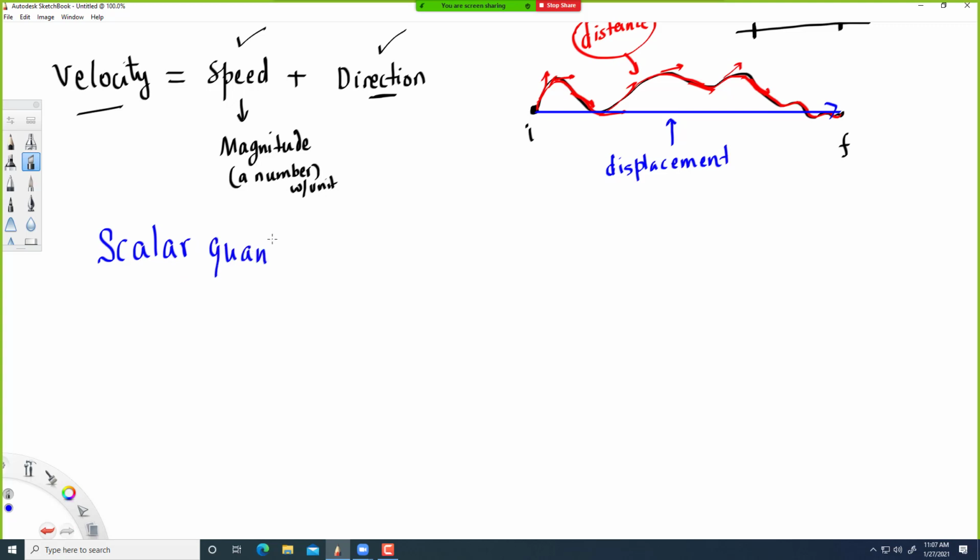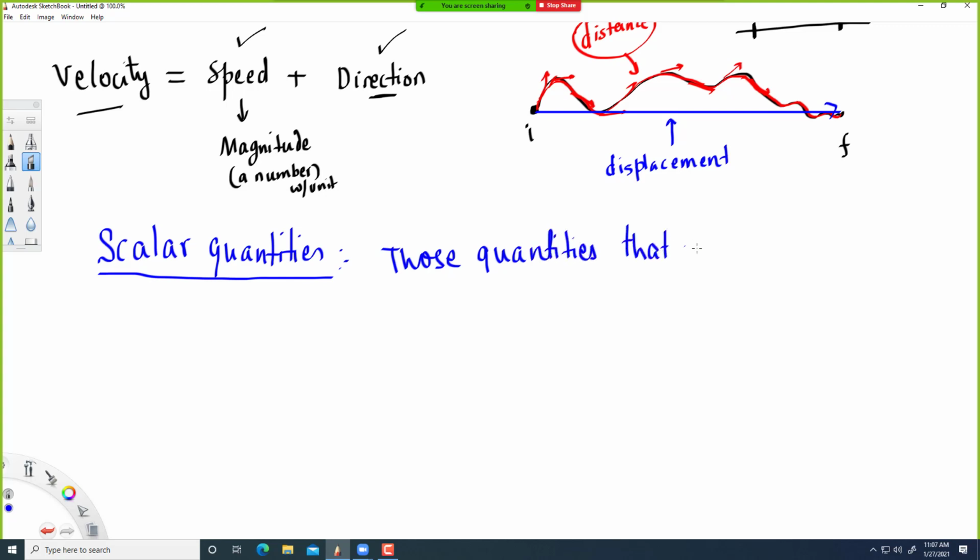Those quantities that have magnitude only, but no direction.